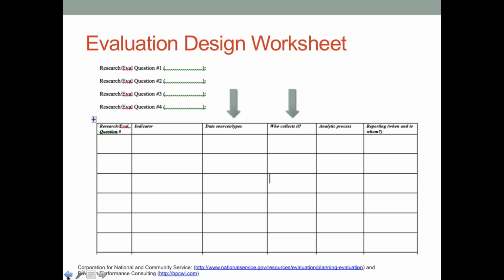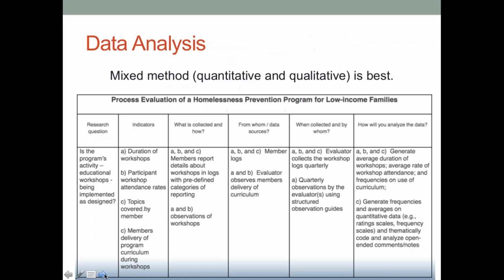All right. So when you're thinking through data sources and who collects it, again, get creative about what you think data could be for your program. Okay, so data analysis. In general, mixed method is best, meaning that it's quantitative and qualitative. All of your PMs are quantitative, so you're already collecting quantitative data.